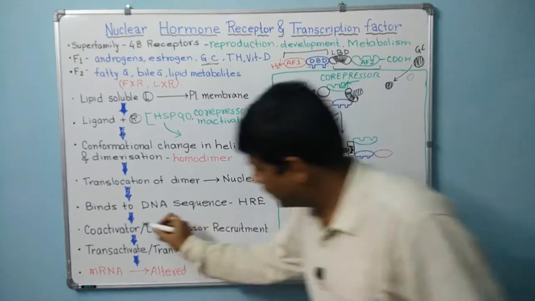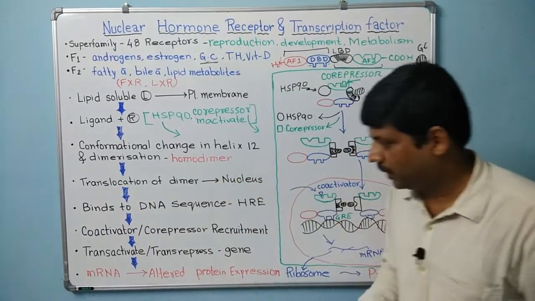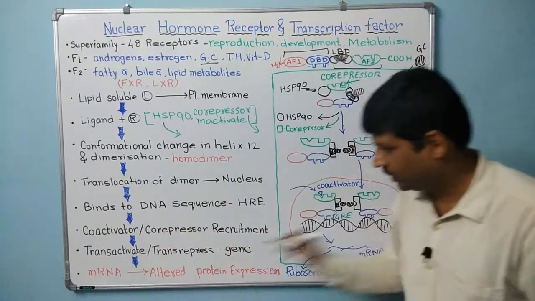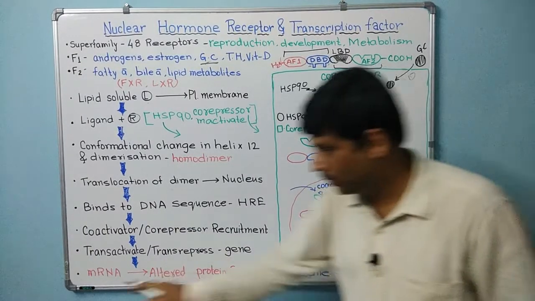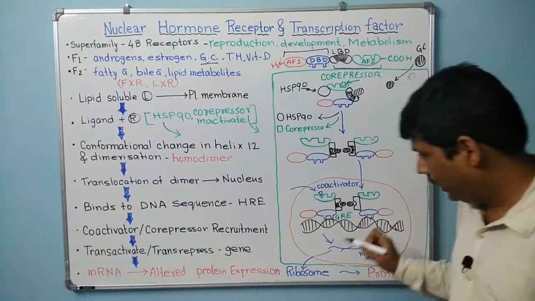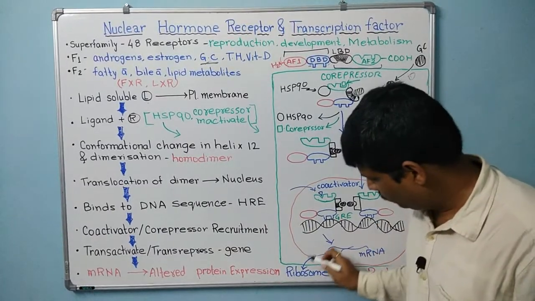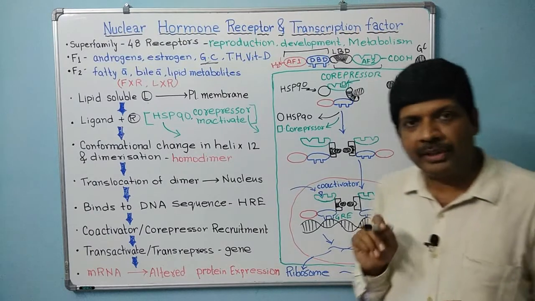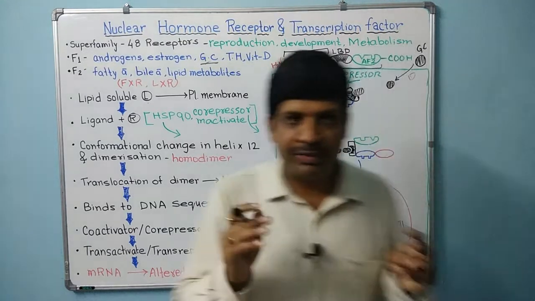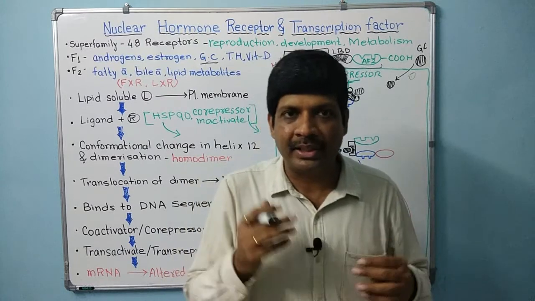And then it transactivates or transrepresses the gene, and there is formation of specific mRNA, which moves to the ribosome, and then the ribosome will produce the specific protein. In this way, the specific protein is formed, and then the action is given.